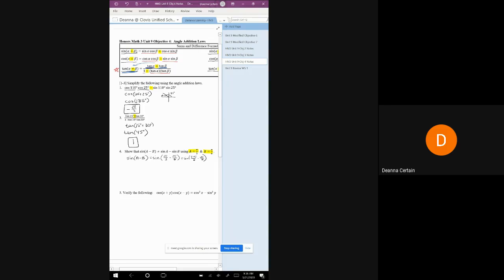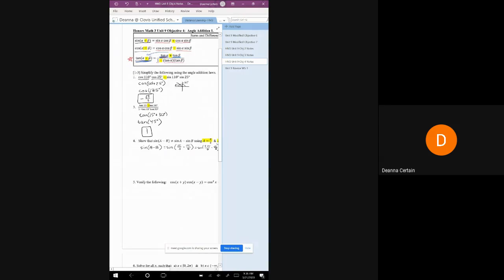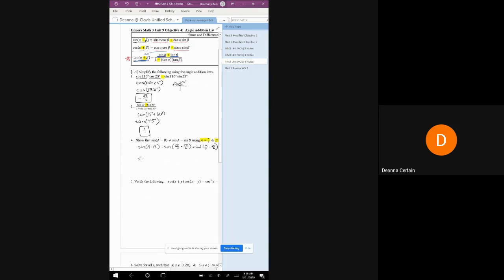Pi over 3 is equivalent to 2 pi over 6, which is the sine of pi over 6. And we know what pi over 6 is. Pi over 6 is in the first quadrant, equivalent to the 30-degree angle. And the sine of pi over 6 is 1/2. Okay? And so then on the right side, well, what is sine of A minus sine of B? That'd be sine of pi over 3 minus sine of pi over 6.